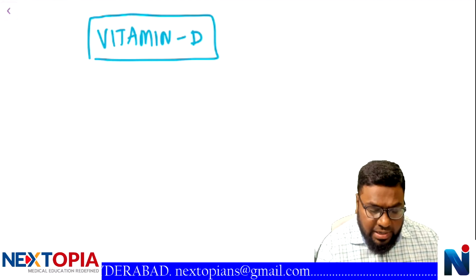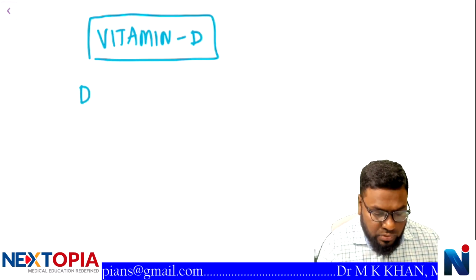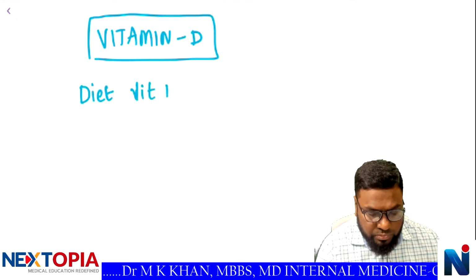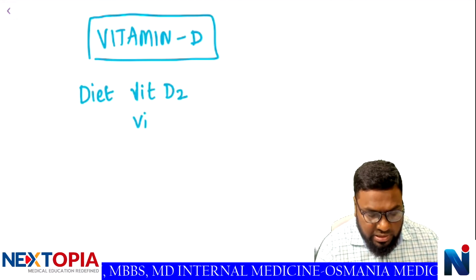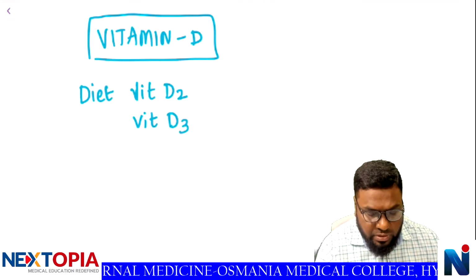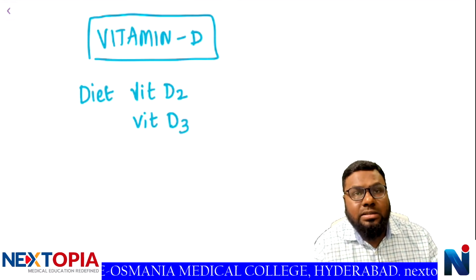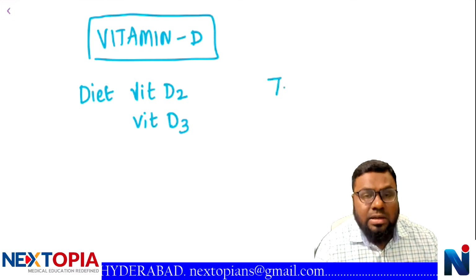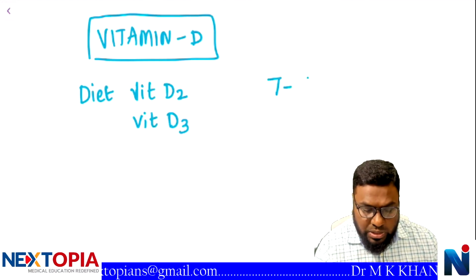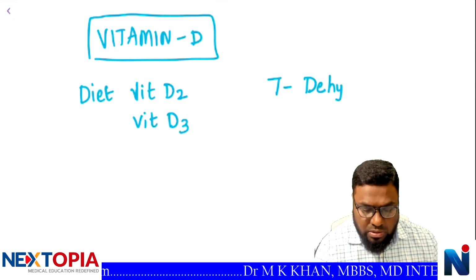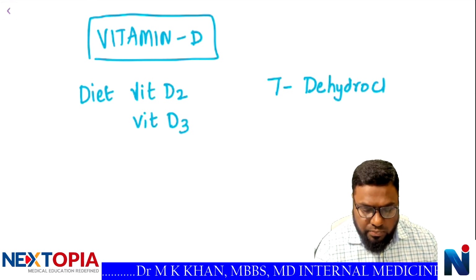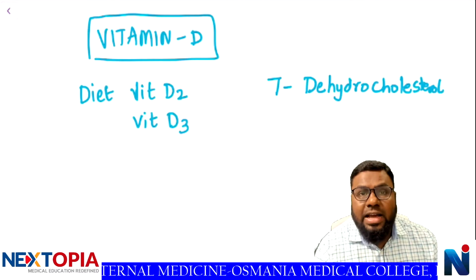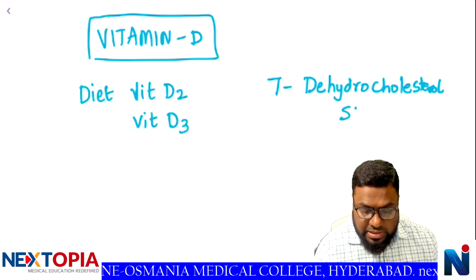Through the diet, we get vitamin D2 and vitamin D3. D2 and D3 are different forms of vitamin D. Through the skin, we get what is known as 7-dehydrocholesterol, that is synthesized in the skin.